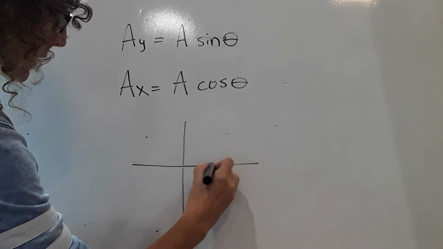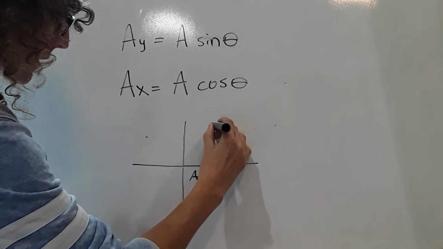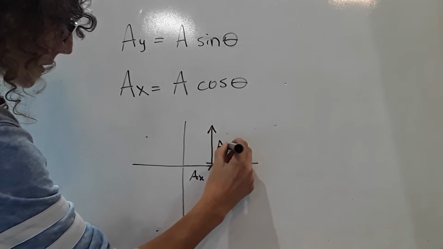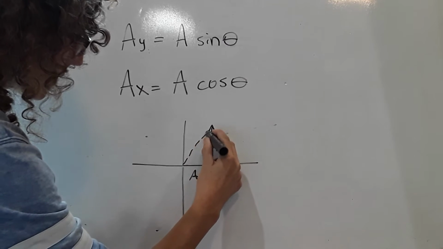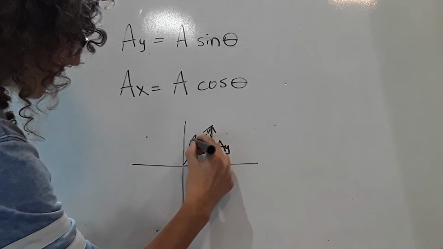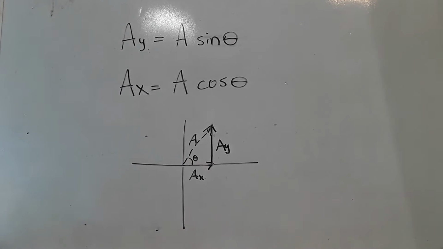You have A in the x direction, the y component here, and then this resultant A right here. And this is theta. Okay? So the only other thing we need to do is the experiment. I think y'all are all caught up.